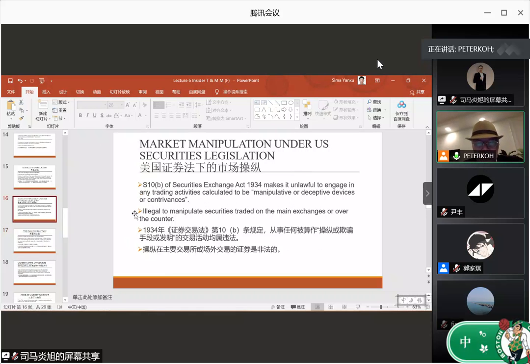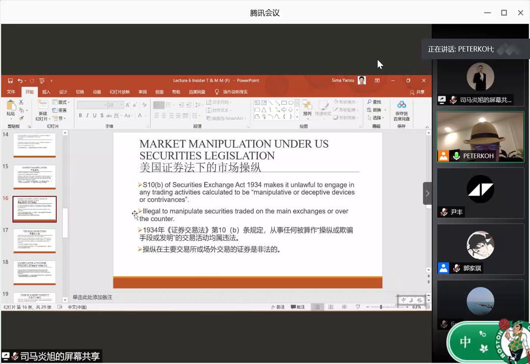Look, market manipulation under US securities law, under 10(b) of the SEC Act. The act was in 1934, but it's a very important act. It makes it unlawful to engage in any trading or activities calculated to be manipulative or deceptive devices or contrivances. This is clearly mentioned in the Securities Exchange Act.